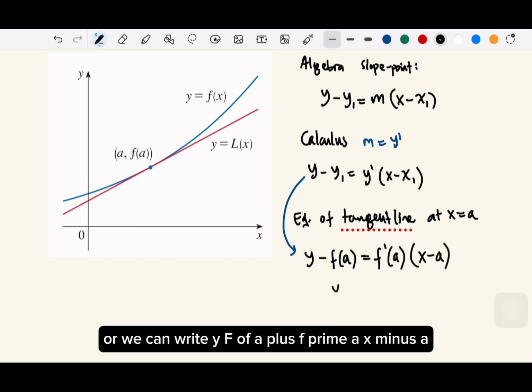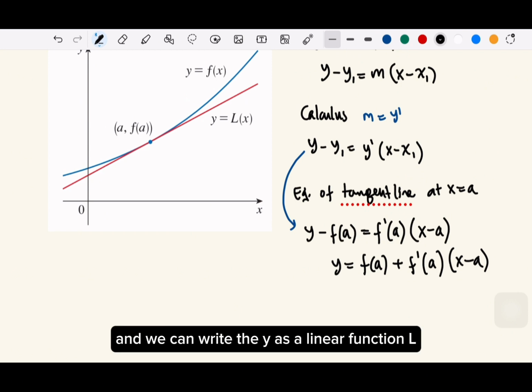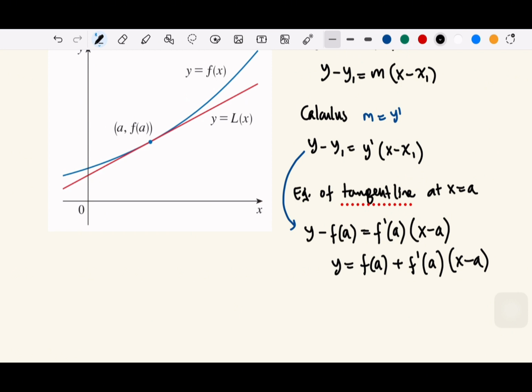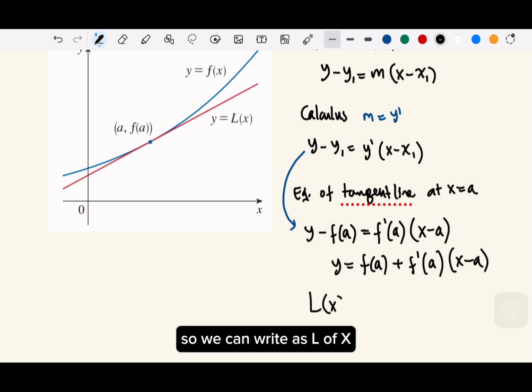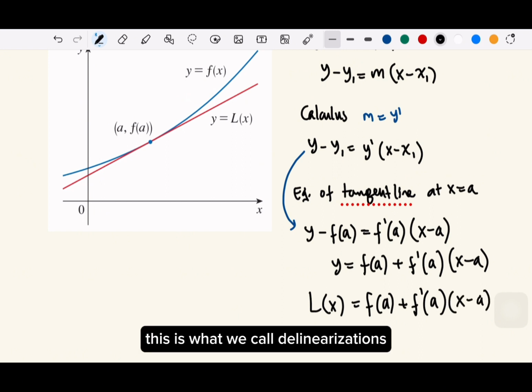Or we can write y equals f of a plus f prime a times x minus a. And we can write the y as a linear function L. Okay. So we can write it as L of x, and this is what we call the linearization.